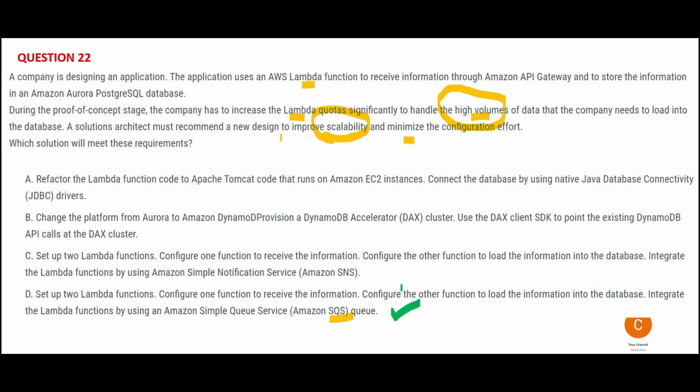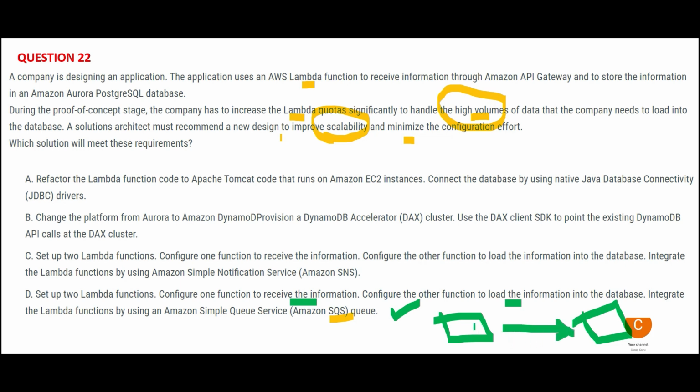Why? Because the first thing is they are using two Lambda functions, one to receive the information, the other to load the information, and these two are integrated by using SQS. So you have this Lambda function and this Lambda function, and in between you have SQS.